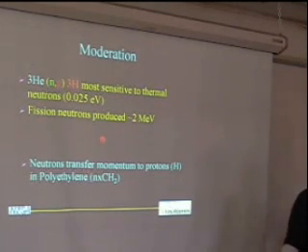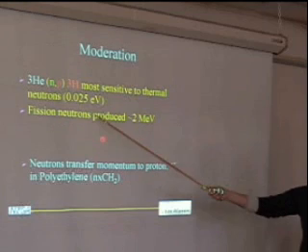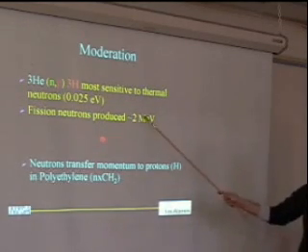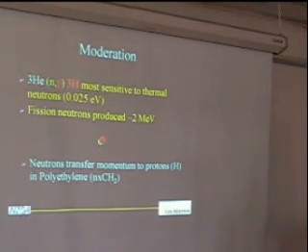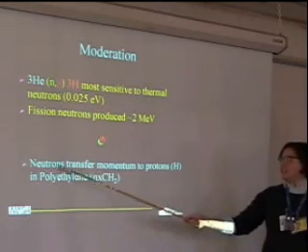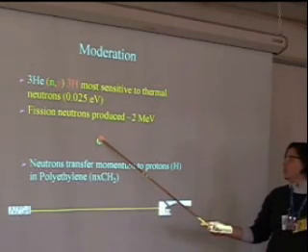So the helium-3 counters are most sensitive to thermal neutrons, so neutrons at very low energy. Fission neutrons are produced at 2 MeV, so one needs to moderate this energy down to the thermal region. And the way this is done is simply by transferring the momentum of the neutron to protons.